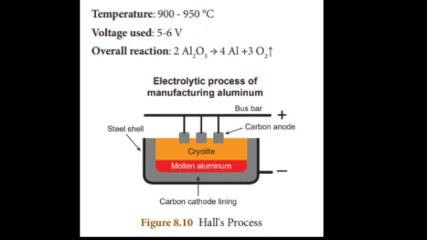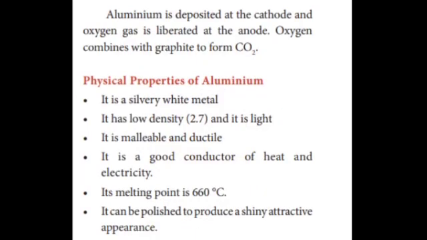The cryolite is taken, and after electricity is passed, finally we get the purest form of aluminium. Aluminium is deposited at the cathode and oxygen gas is liberated at the anode. Oxygen combines with the graphite to form carbon dioxide.